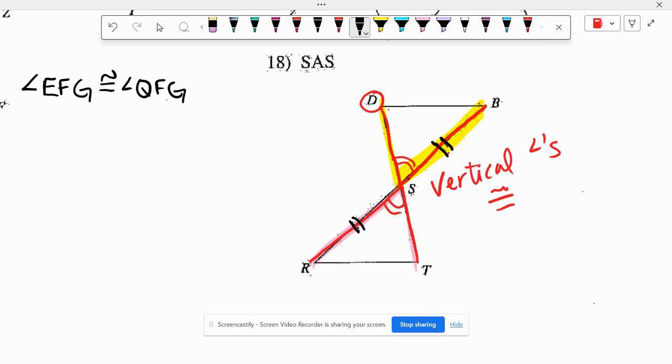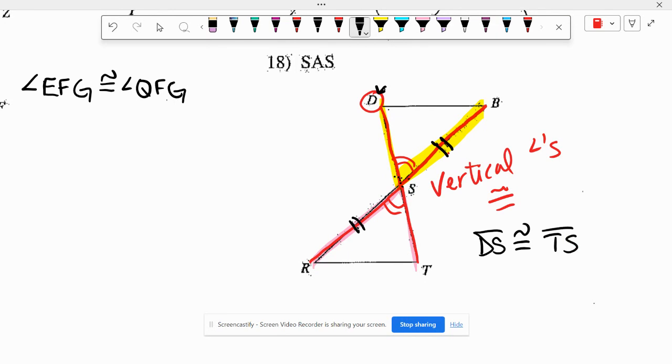On the top triangle, what side nestles that angle, completes that angle? Yep, segment DS. Good job. And on the bottom, what side? So if D started at the outside and S is the vertex or the middle, how should you name that other side? Start at TS. Good job.